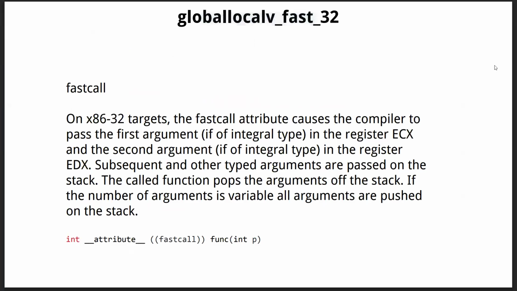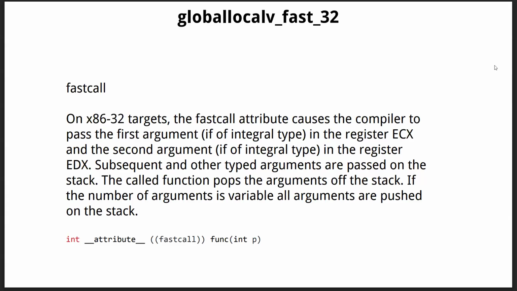There are actually other calling conventions, like I said. Another one is called fastcall. On 32-bit, there is a fastcall convention. This one will ask the compiler to pass the first argument in the register ECX and the second argument in register EDX instead of pushing them onto the stack.